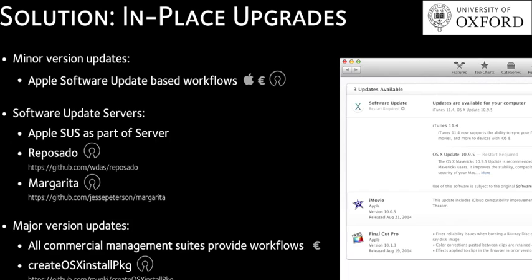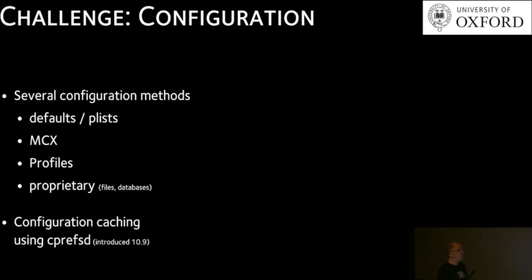Commercial tools provide workflows, and there is createOSXinstallPackage, which is a little script which you can use to transform an Apple-provided installer into an installable package, which you can deploy, for example, using Munki. And Munki also integrates nicely with Apple software update, as you see on the right-hand side in the screenshot. So you can make updates available. It's actually an App Store screenshot. Sorry about that. Okay. There we go.